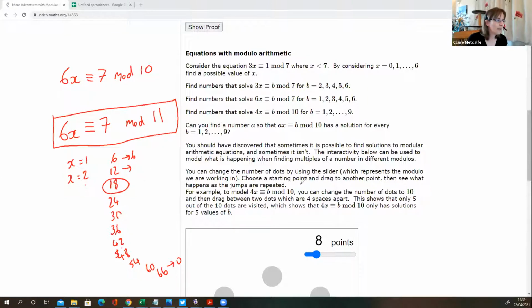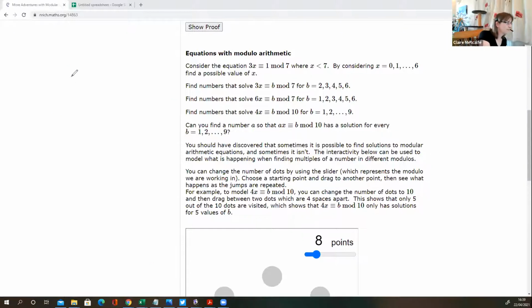Can we do another one that's impossible? Yep. So what about 5x equals 3 mod 10? We'll tell you that is impossible. Can you explain why it's impossible?